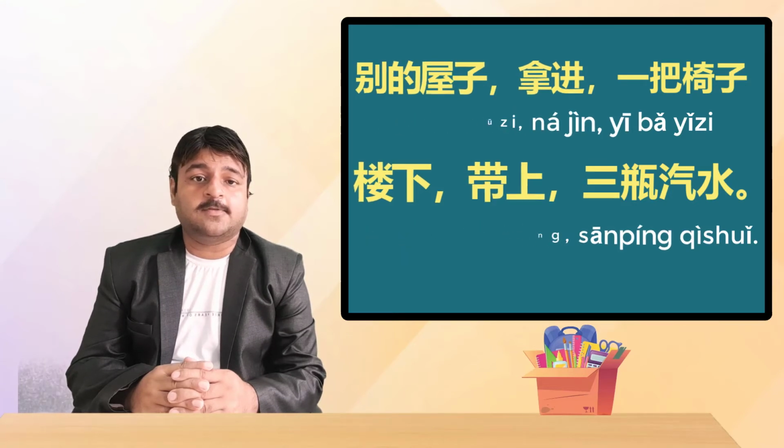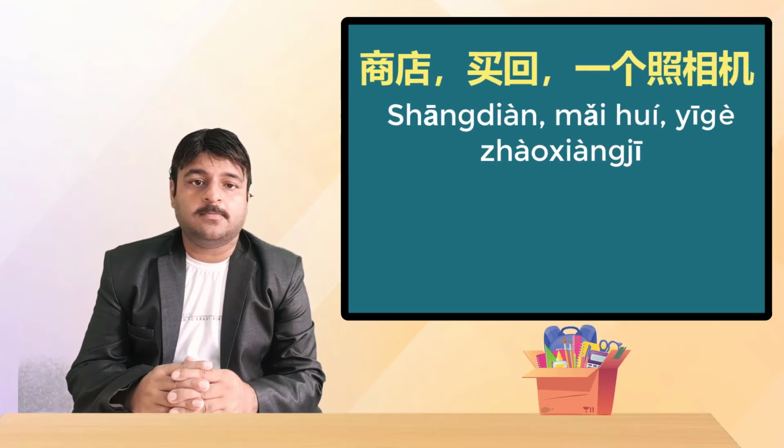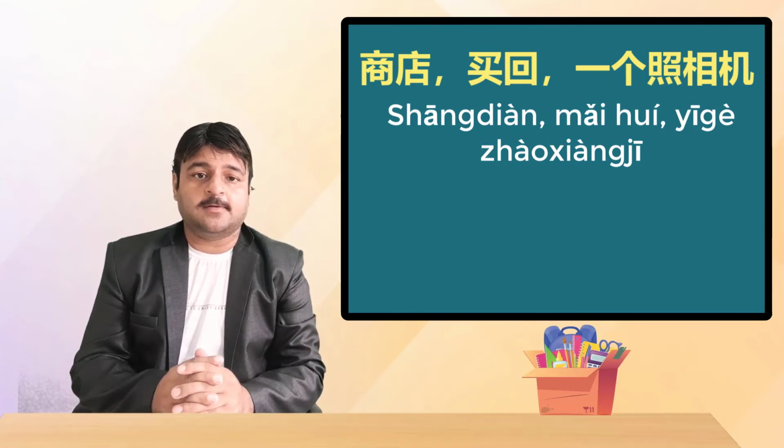Moving on to the next set of 3 words to make replacement in the above sentence and make new sentences of compound directional complement. Let us read these 3 words. Shang dian, shop. Mai hui, bought and returned. 一个照相机, a camera. Moving on to the last set of 3 words to make replacement.